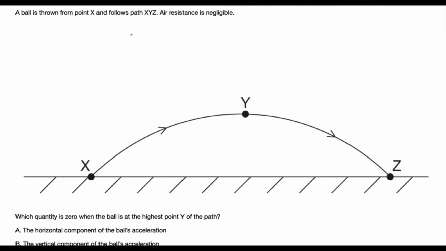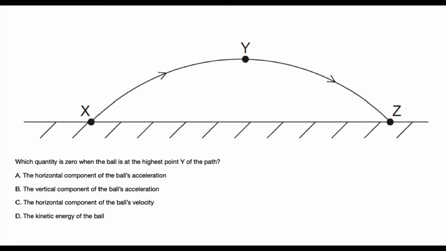A ball is thrown from point X and follows the path X, Y, Z. Air resistance is negligible. Which quantity is 0 when the ball is at the highest point Y of the path? The horizontal component of the ball's acceleration. So this is correct because in projectile motion, the horizontal acceleration is always equal to 0 when air resistance is negligible.